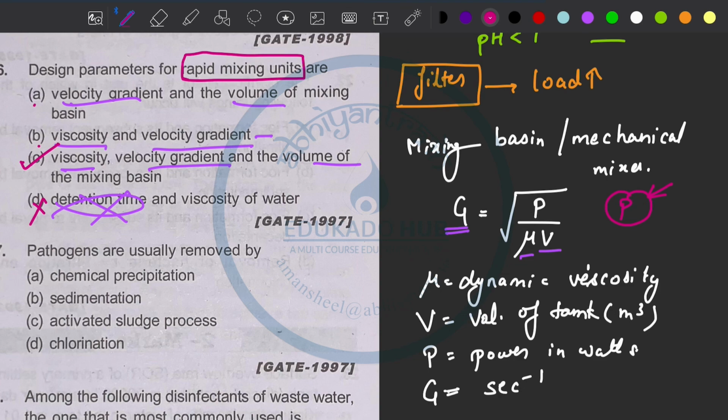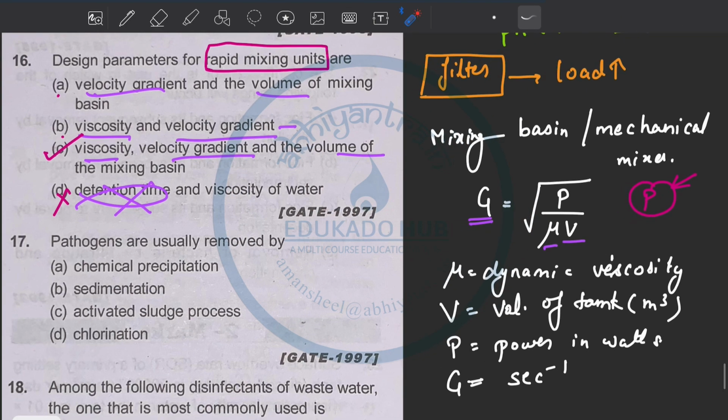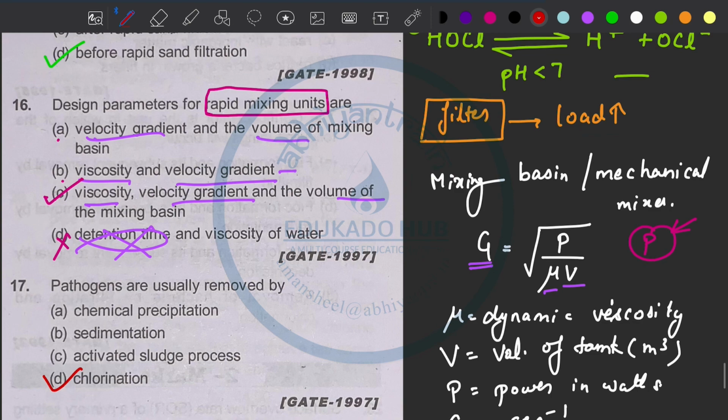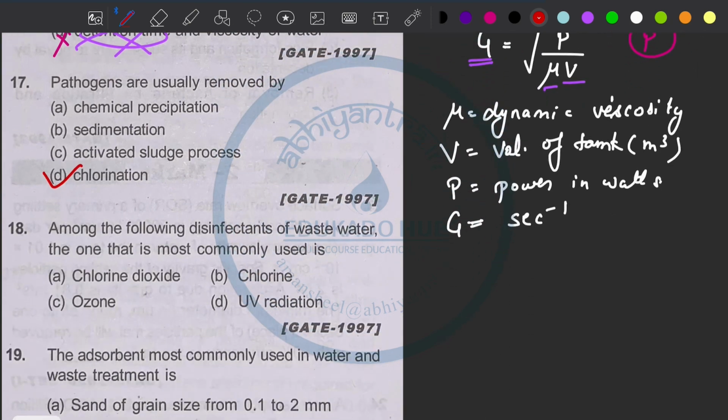Now if we see question number 17, pathogens are usually removed by disinfection, and disinfection is done by chlorination. Option D. Among the following disinfectants of wastewater, the one that is most commonly used is chlorine, right?